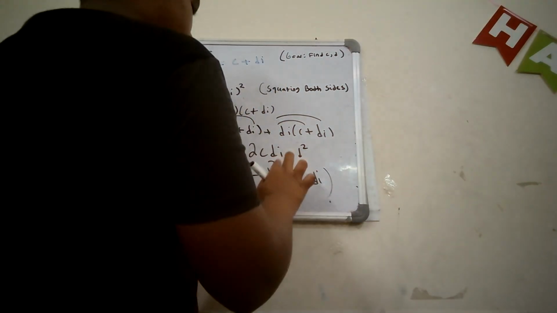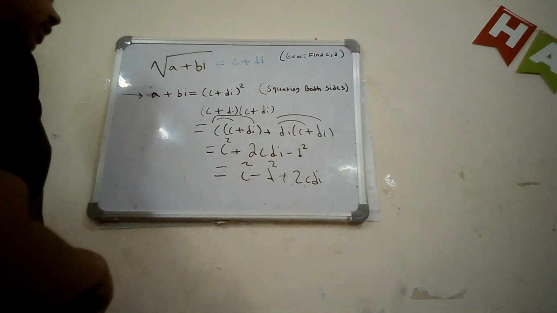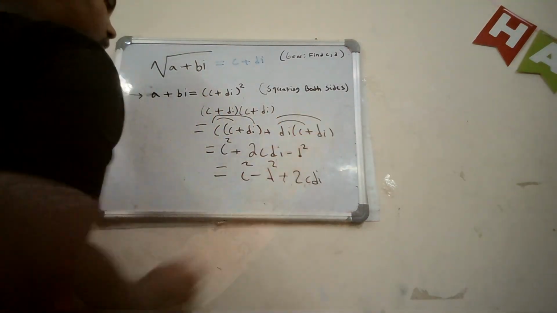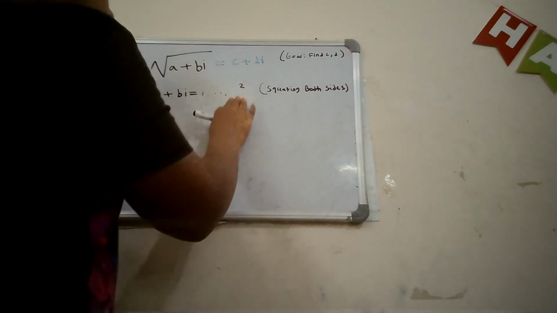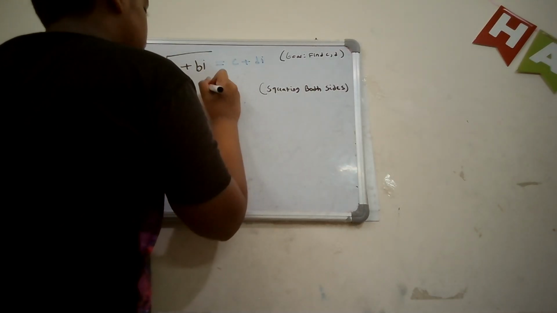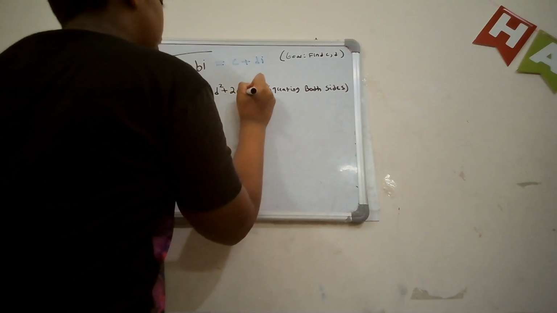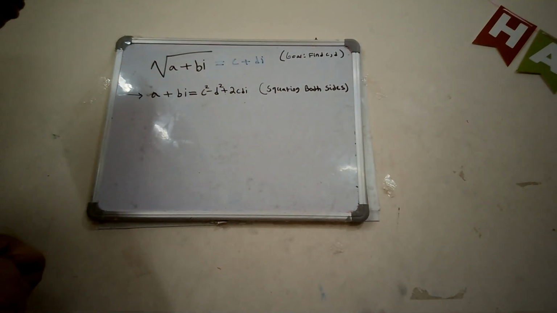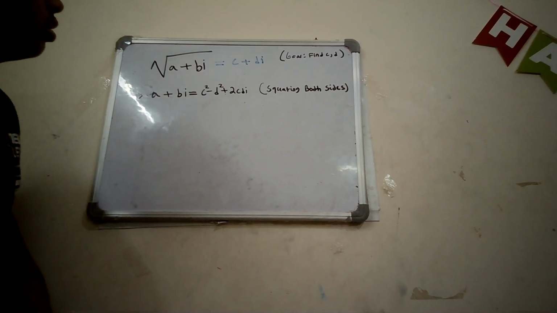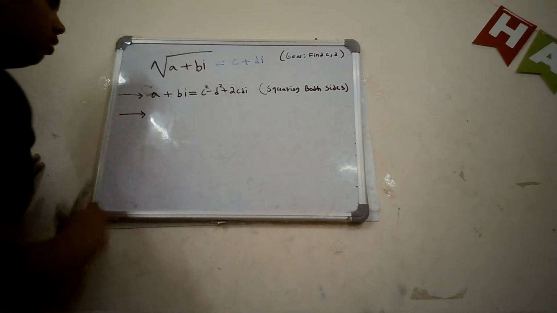Okay, so we don't need the bracket now. So this is the solution to this. Let's write that there. Okay, so c squared, okay, c squared minus d squared plus 2 c di. Alright, amazing. Okay, so now let's continue from here.